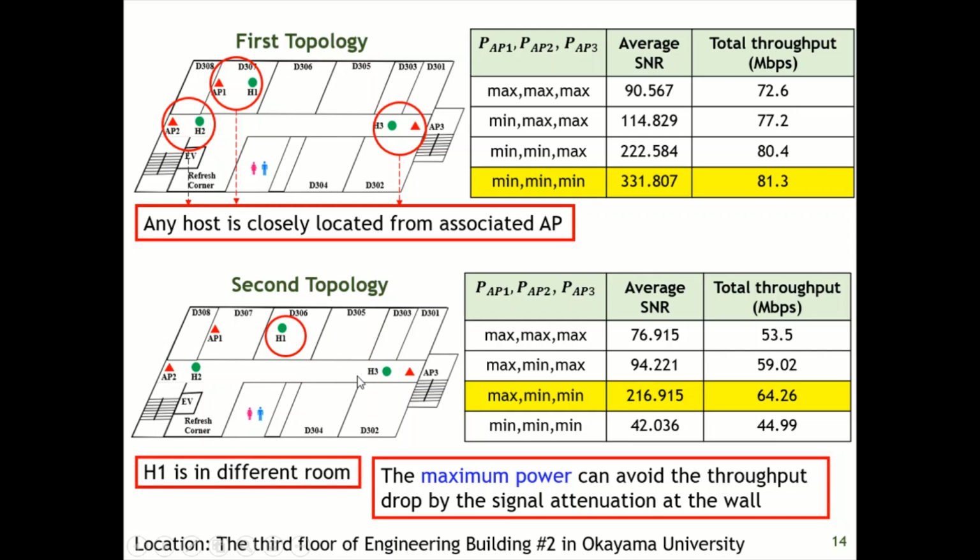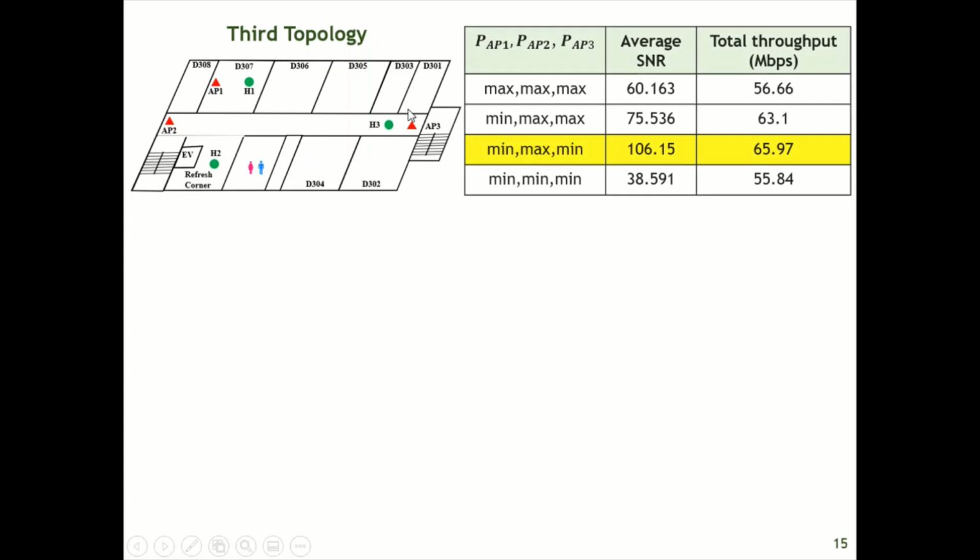The maximum power can avoid the throughput drop caused by the signal attenuation at the wall. And then in this third topology, again, the method can select the best power for all APs. In this case, the best power for AP1 and AP3 is minimum, while AP2 is maximum.